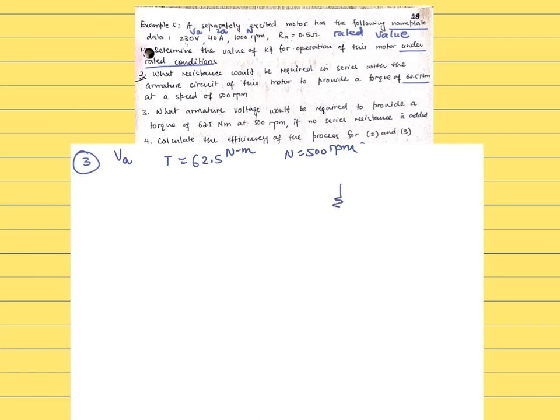So now this circuit looks like this. That's 0.5 ohms, that's E, and that's VA, which is not 230 volts. We adjust it to have the speed of 500 RPM to meet a torque of 62.5.